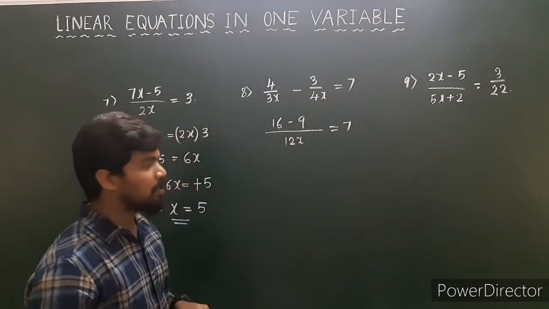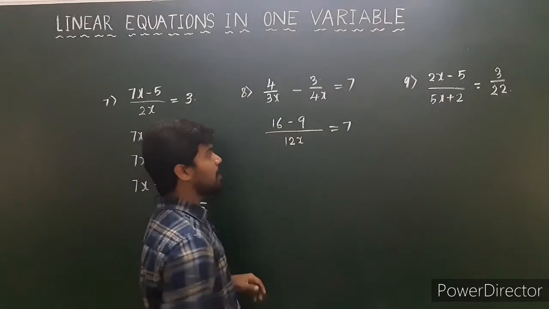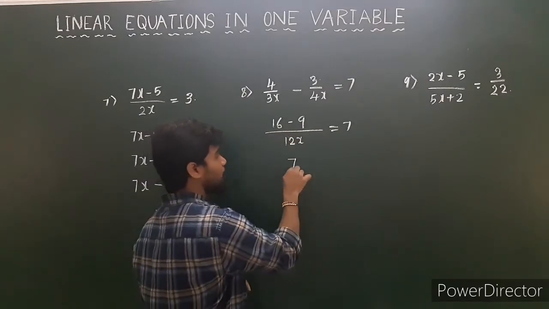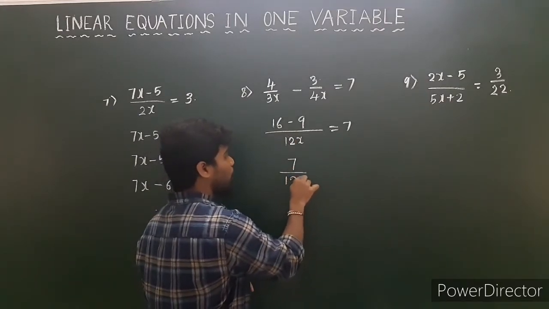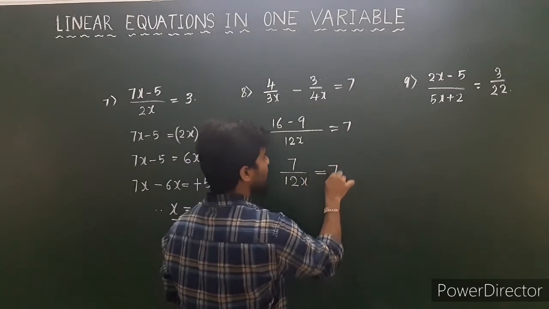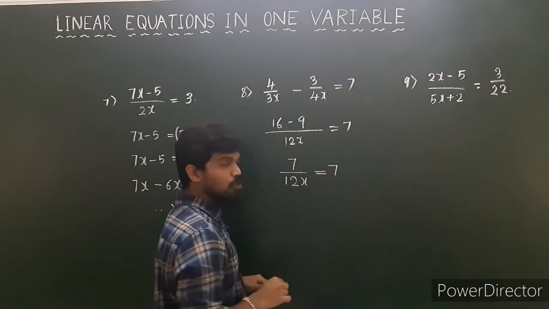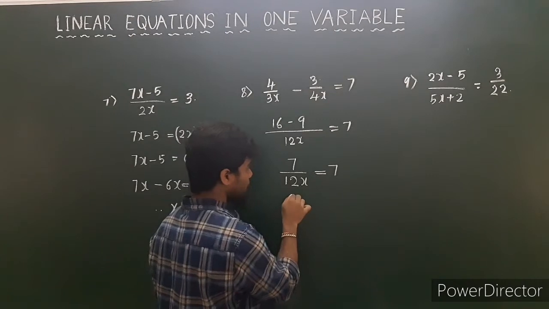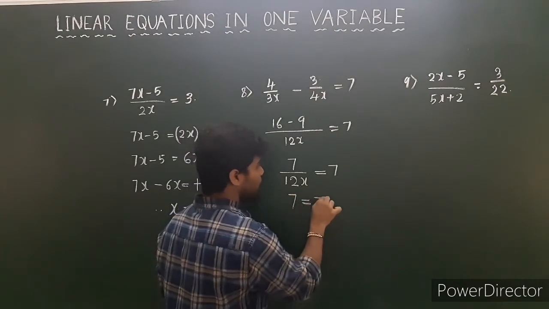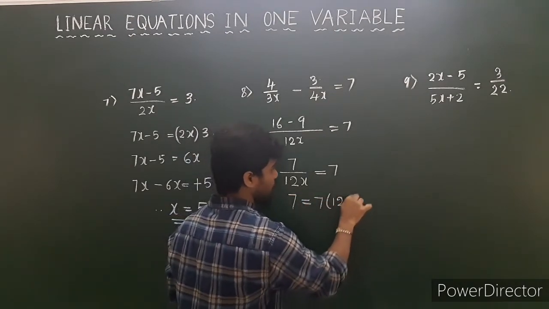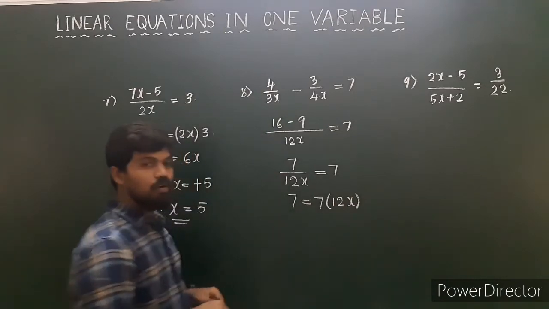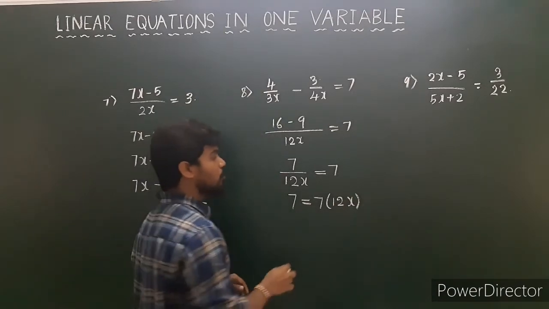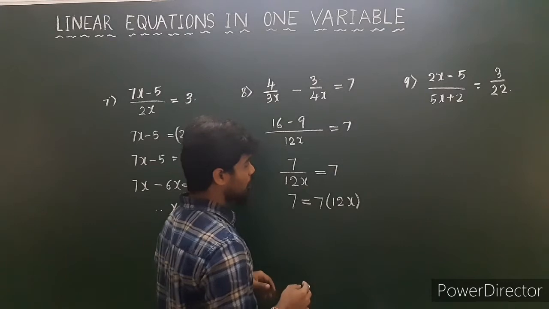So now you go to cross multiplication. So 16 minus 9, you get 7 by 12x equal to 7. So go to cross multiplication, 7 into 12x. So now you find x.